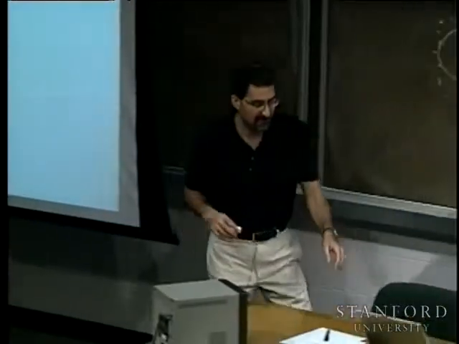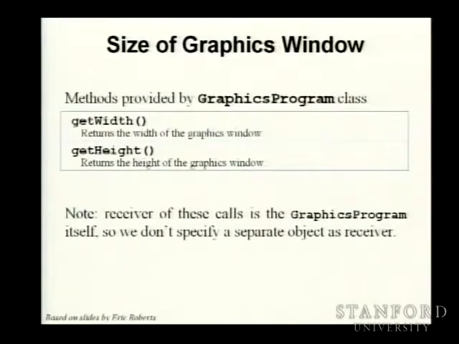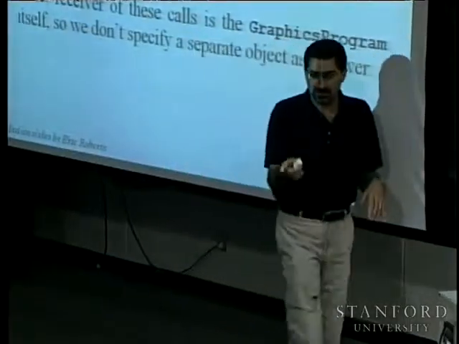If you don't specify the receiver for a method, the thing receiving the method is the encapsulating class, just like in Karel, when you said move and didn't specify an object, the move went to Karel. So getWidth and getHeight return the width and the height of the graphics window in pixels. These give you back a numeric value that you can, for example, assign to a variable and then do manipulations on it.